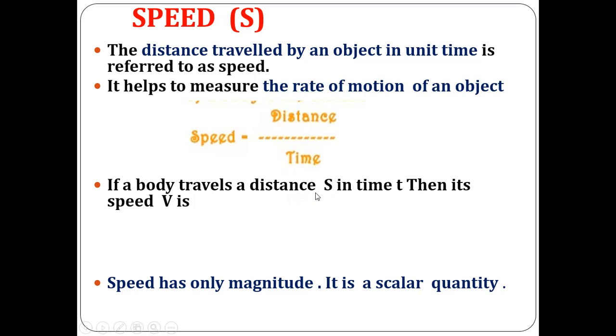Distance is denoted by the letter s and time as t. Then its speed v is equal to distance by time, so s by t. Speed has only magnitude, that's why it is a scalar quantity. Understood, children?